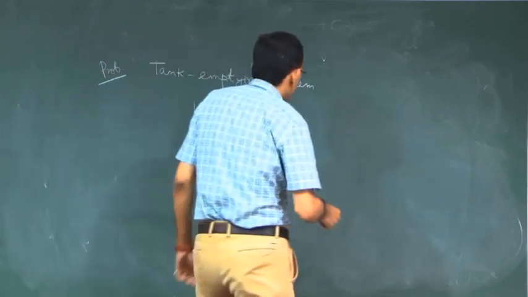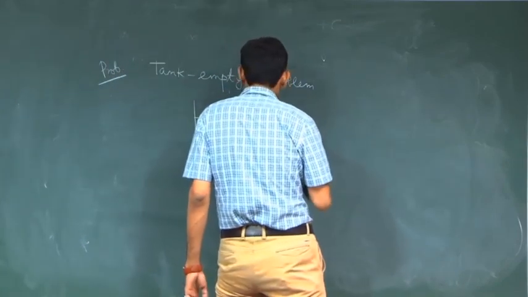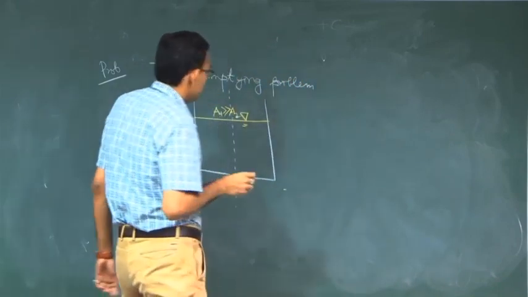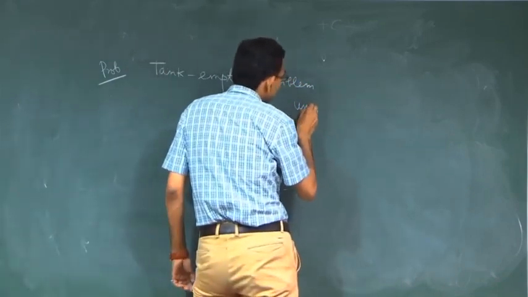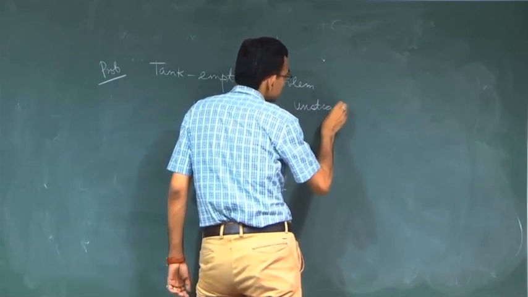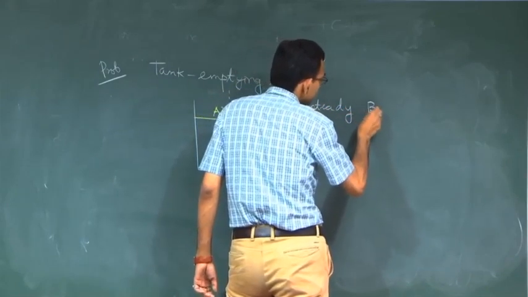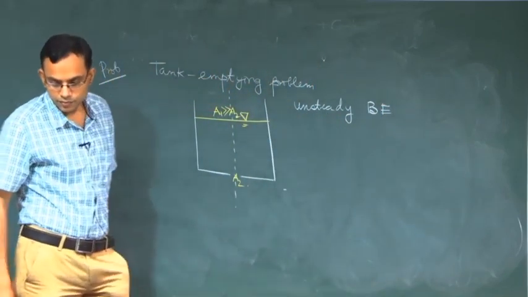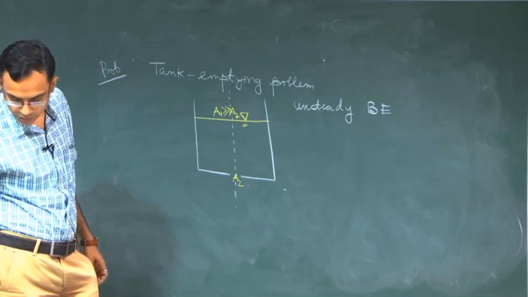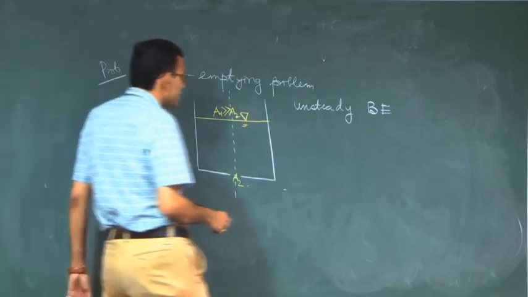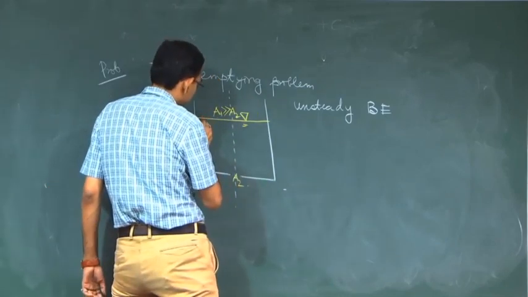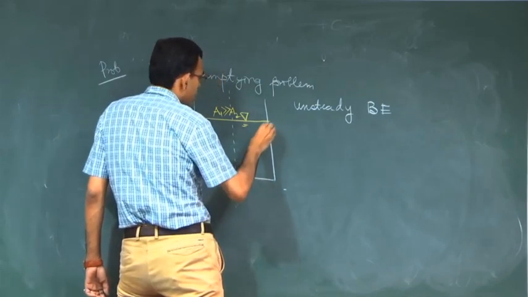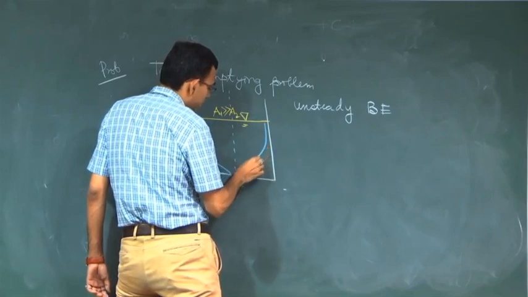So, we will consider the unsteady version of Bernoulli's equation, by considering a streamline. I am just drawing some representative streamlines.